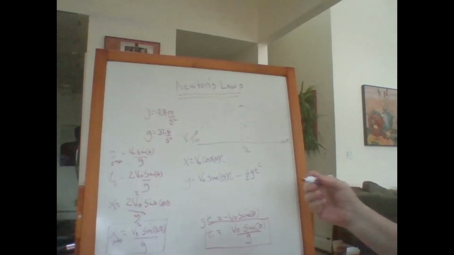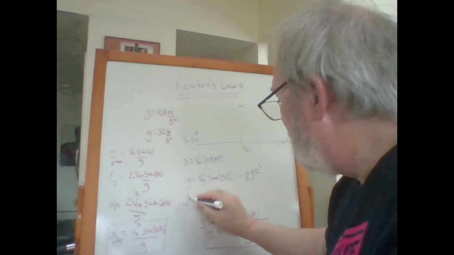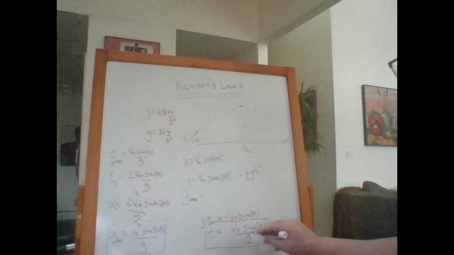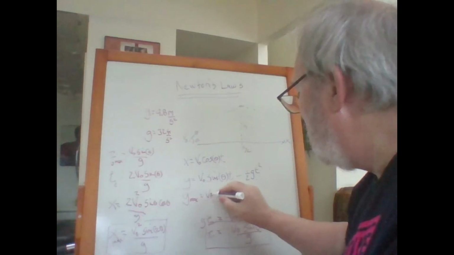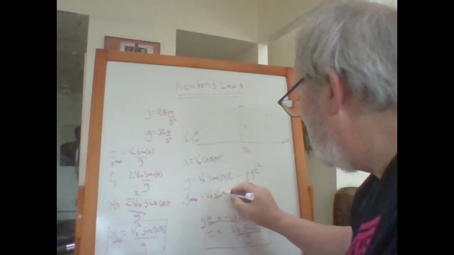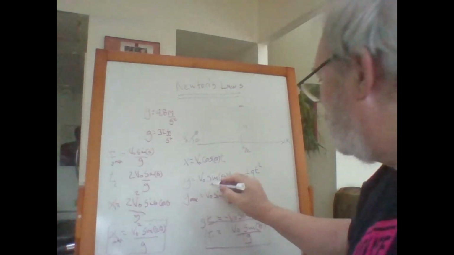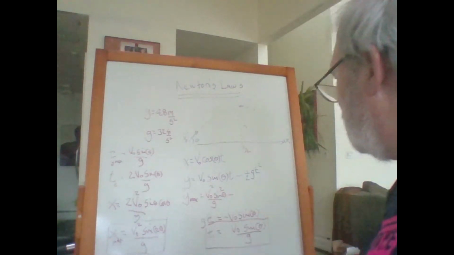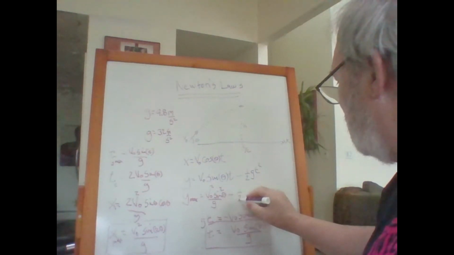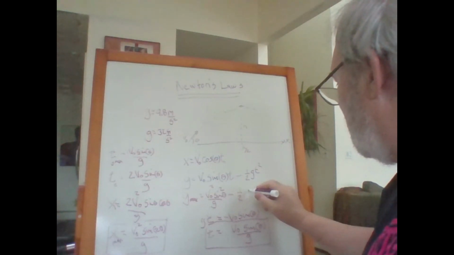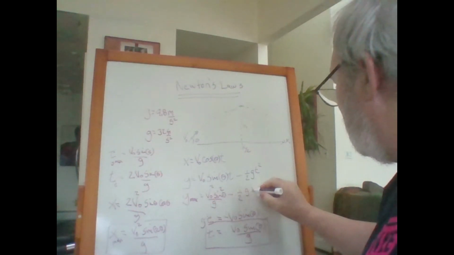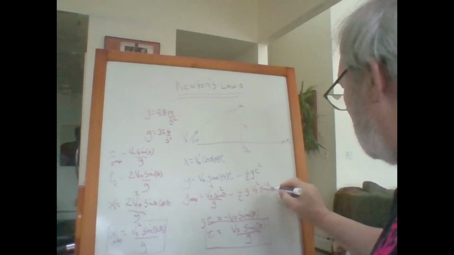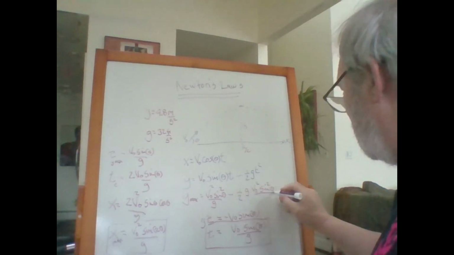So y max is equal to, now we've got to plug this in there, t equals that, so we've got v naught sine theta, and that's going to be squared over g minus 1/2 g times v naught squared sine squared theta over g squared.